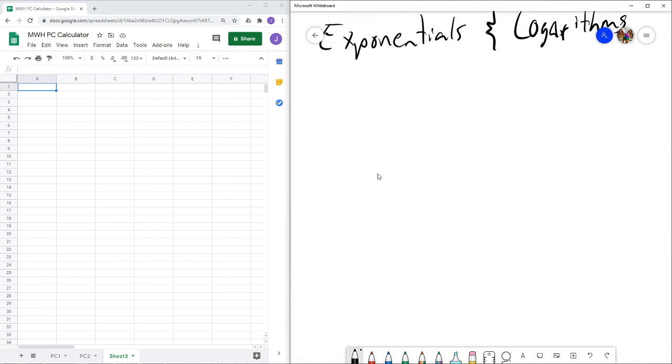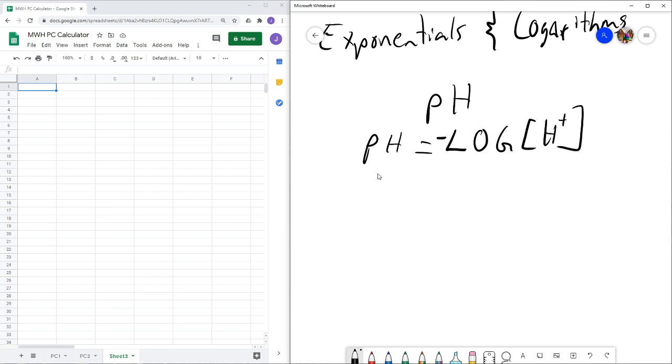We learned that for the pH scale, pH was equal to the negative log of the molarity of the hydrogen ions.